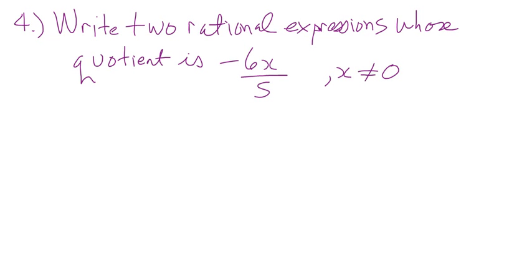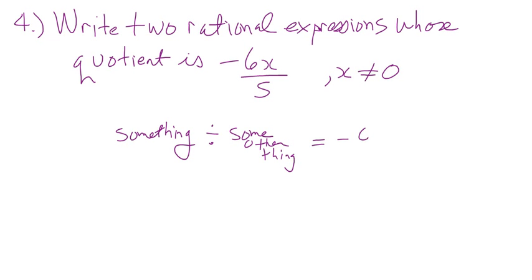Now, obviously there are infinitely many of these things, right? So really we need to write something divided by some other thing, and there's a restriction that x is not equal to 0.